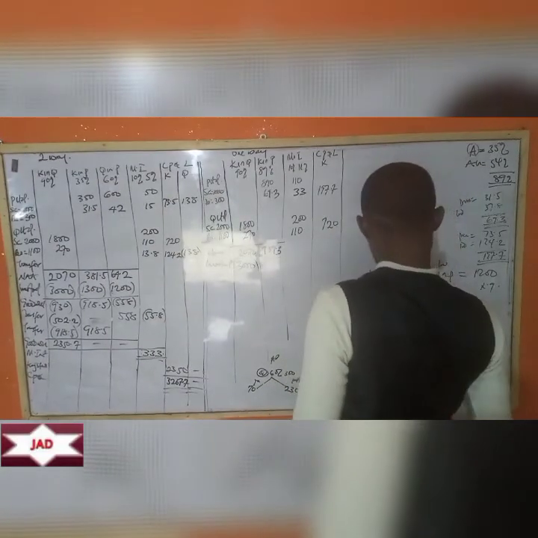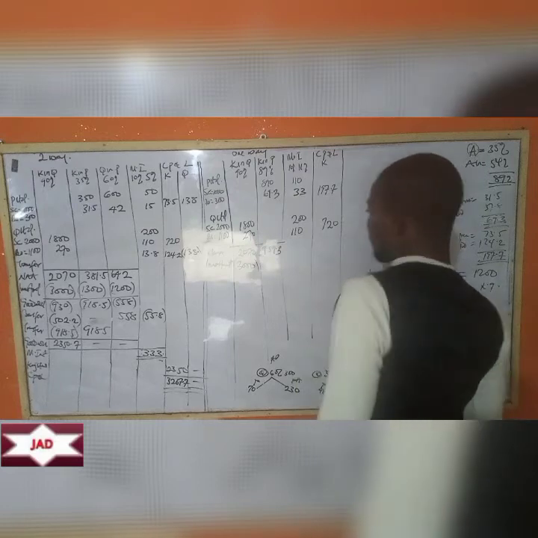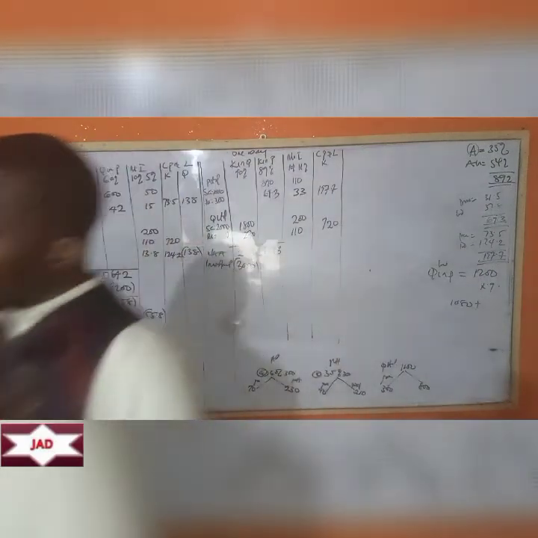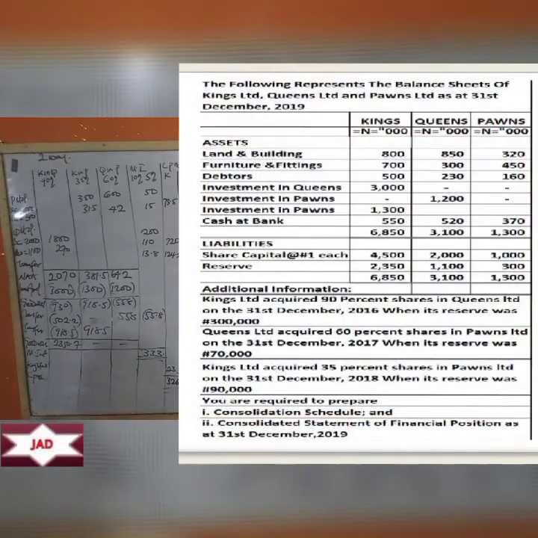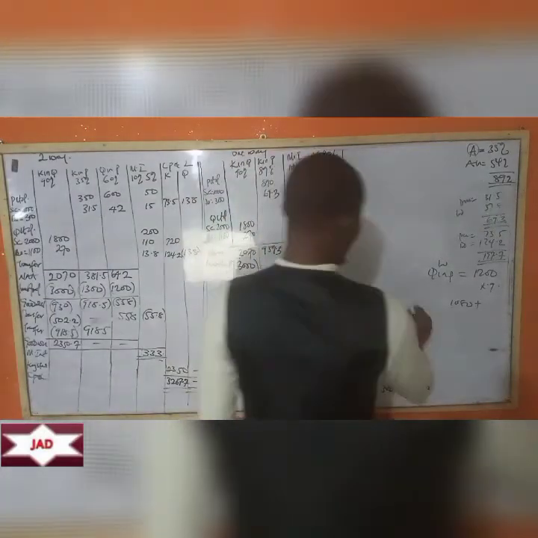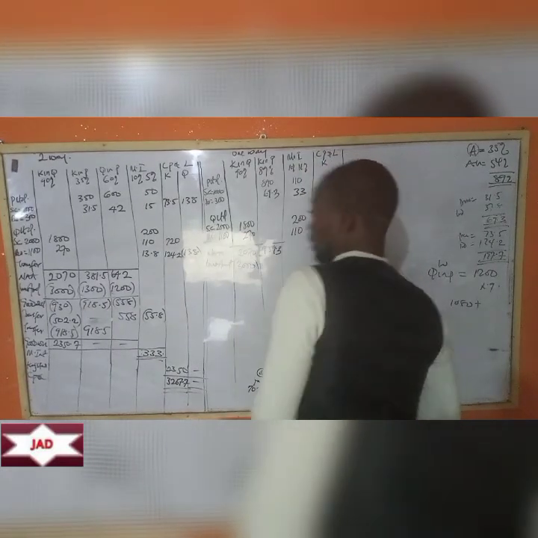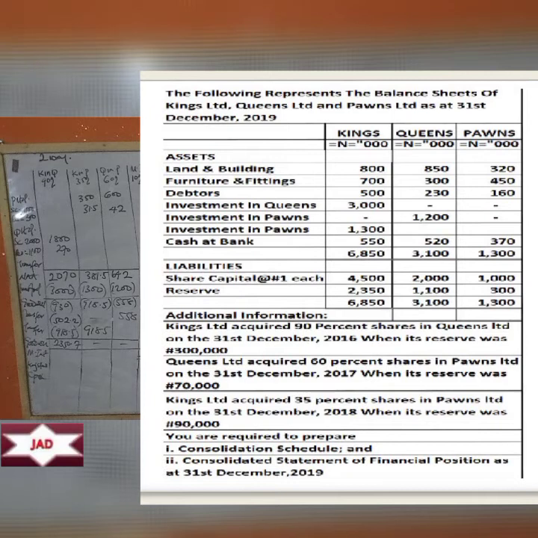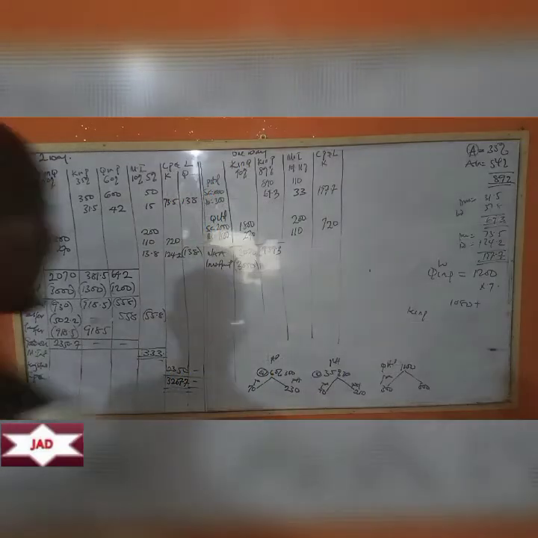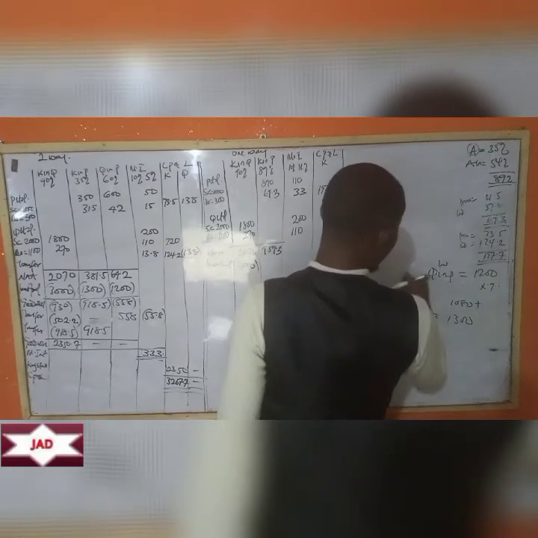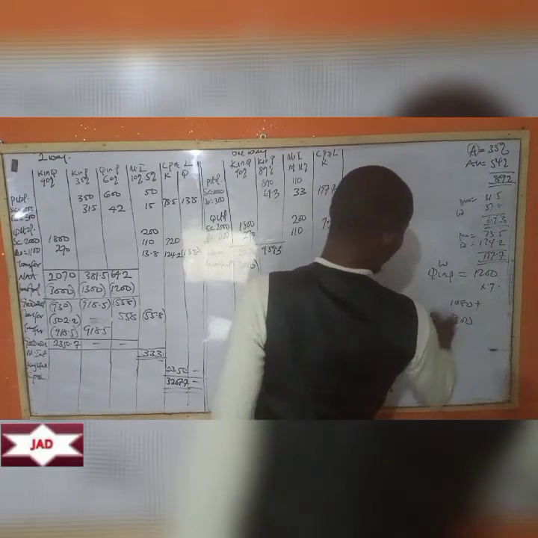1080. Okay, now that will be plus. K also has an investment in what? In P. Okay, so K in P now. K in P directly is 1,300. So indirectly is 1,080, directly 1,300.